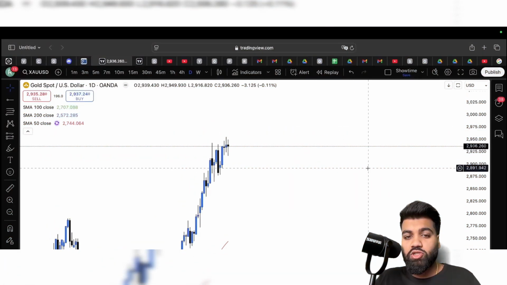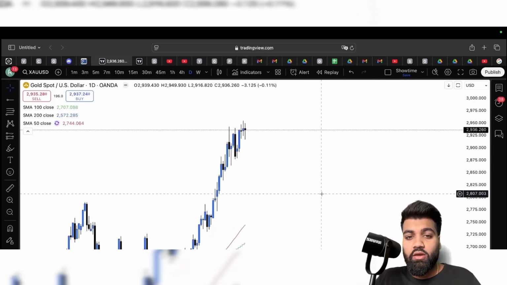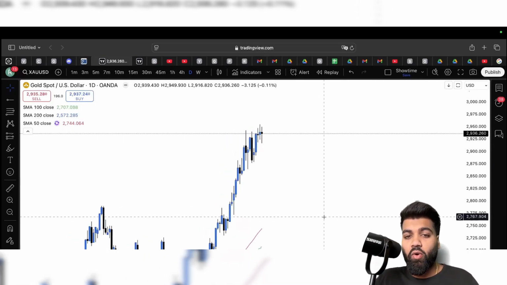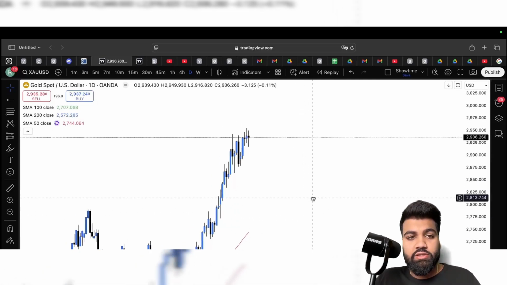So I'm going to show you what that pattern is and how I apply it to my trading to make the most out of gold or any other pair, because it works on a lot of pairs, but I feel like it works the best on gold because of the amount of volume that gold has and how it moves based off the confirmation, the structure, all of that stuff. So let's get started over here.